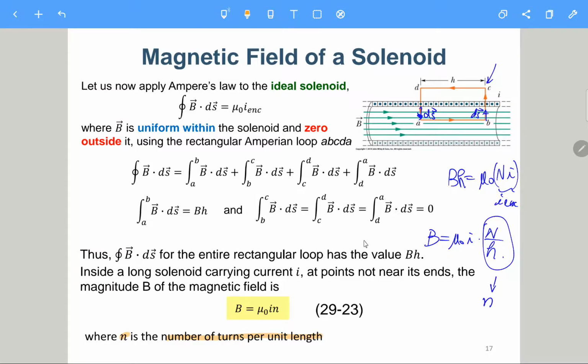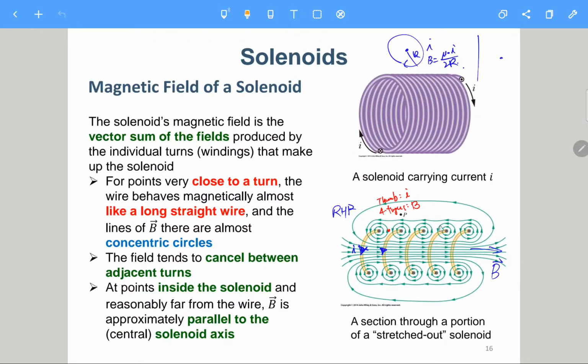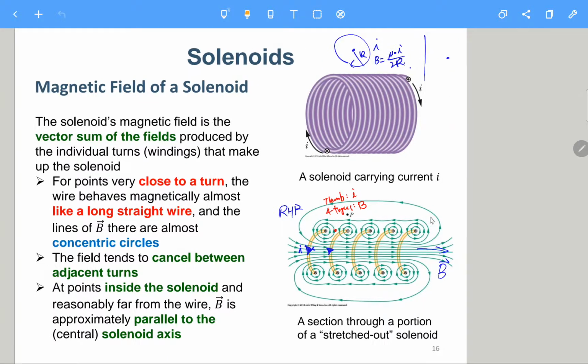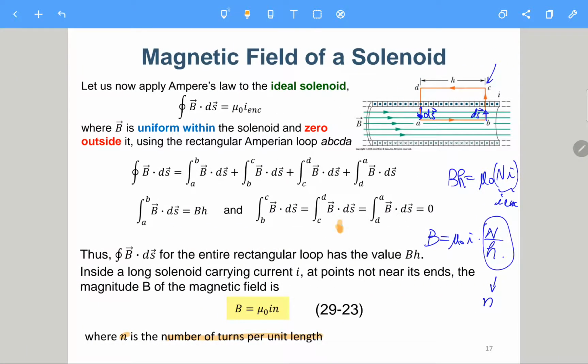It would be somewhat overestimated, because for the CD part of this integral, if you consider it this way, you can see the B field should be pointing to the left side. Even though it is not perfectly parallel to this rectangle, it for sure contributes a positive value. So for this part it should be a positive value, and this one should be a positive value, if you really consider this line integral.